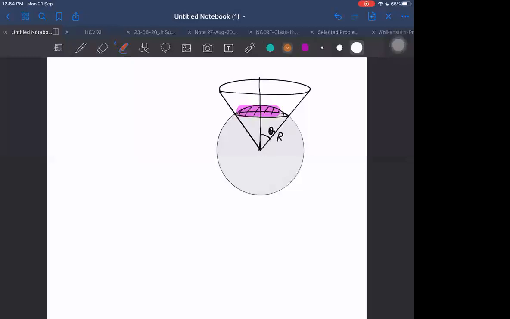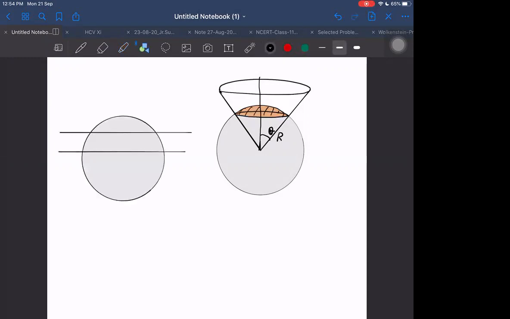What are you saying here? A by r square, sir. I have given you a very important property for finding this area. I told you for the spheres. If I have a sphere and it is cut by two parallel planes separated by a distance d, then in general the formula is always this formula which I am telling you now.